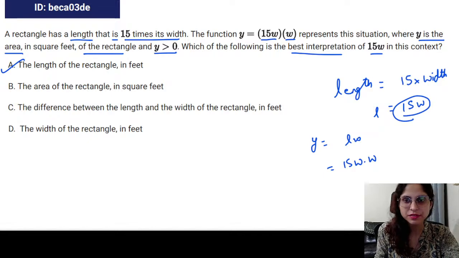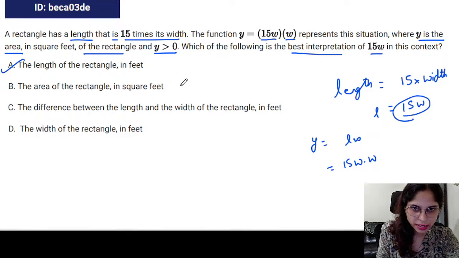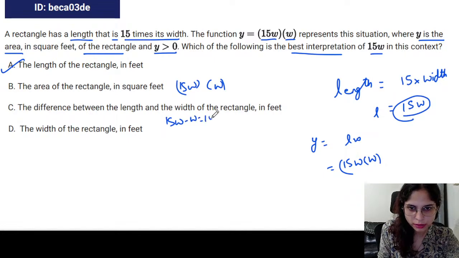Because length is 15 times width, so 15 times w is your length. Because area is your 15w times w. Difference between length and width, 15w minus w, that is 14w, so no, it is also not the answer. Width is just w. So all three options are cancelled. The only answer is length of the rectangle.